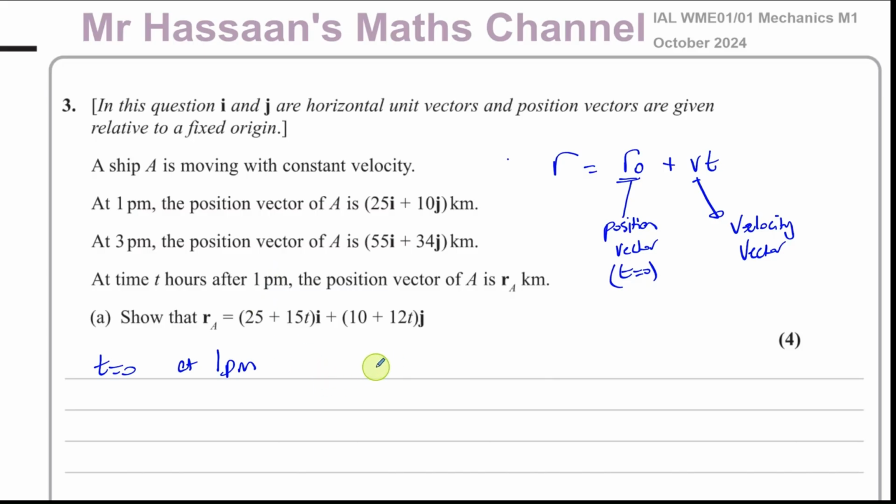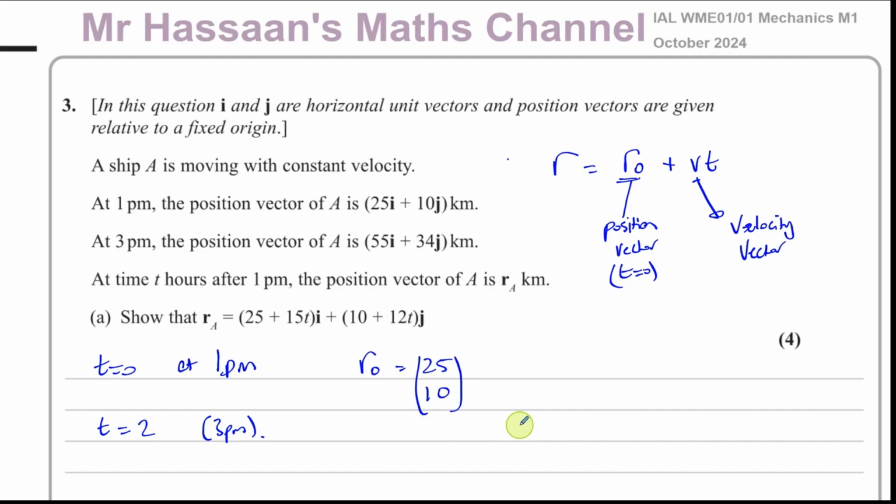So the position vector of A at 1 p.m. is 25i plus 10j. That means R0 is (25, 10). I'm going to use column vectors and then put everything back in i and j at the end. Now at 3 p.m., that's when time equals 2.